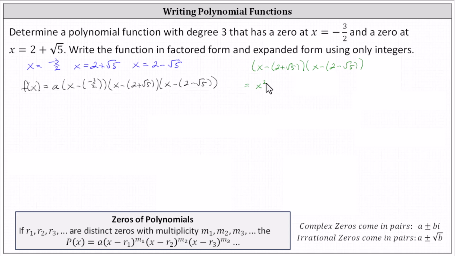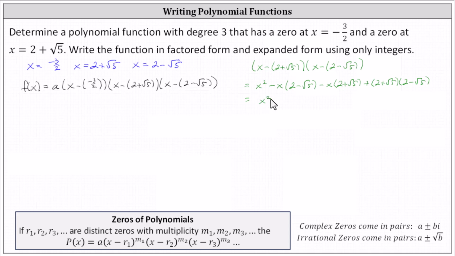And then we have x times the opposite of the quantity 2 minus square root 5, which is minus x times the quantity 2 minus square root 5. And then we have minus x times the quantity 2 plus square root 5. And then finally we have plus the quantity 2 plus square root 5 times the quantity 2 minus square root 5. And now let's begin to simplify.